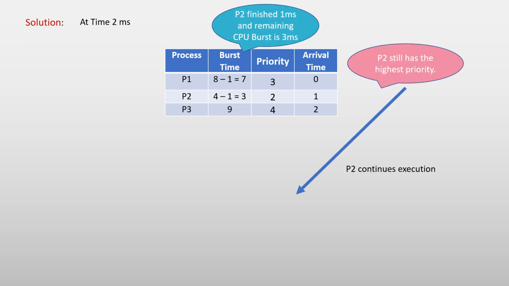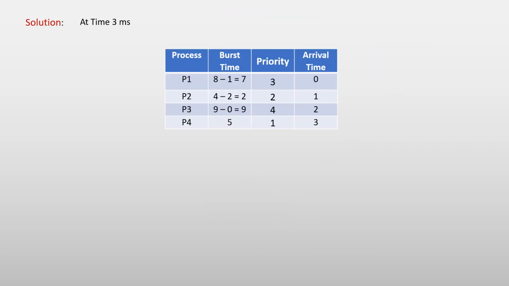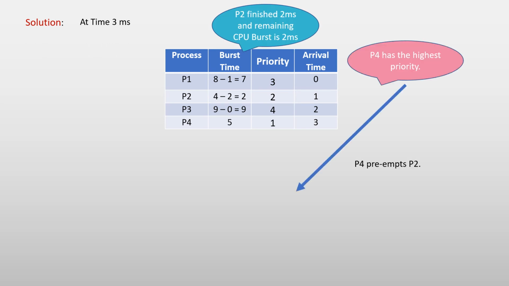So here again P2 has the higher priority out of the 3 processes. So P2 continues and executes for another 2 milliseconds, and hence its remaining time is 2 milliseconds. And now P4 enters the system at 3 milliseconds and its CPU burst is 5 and its priority is 1.